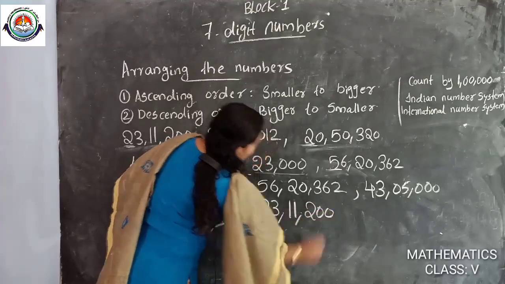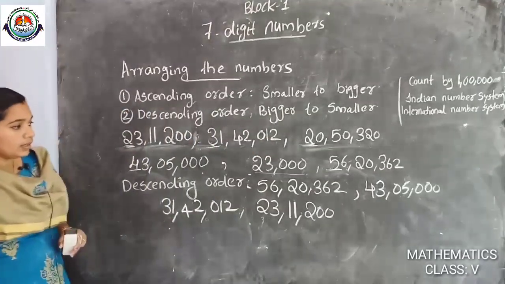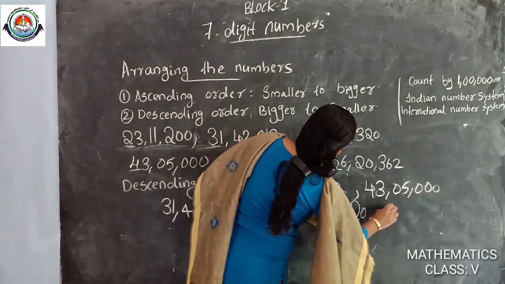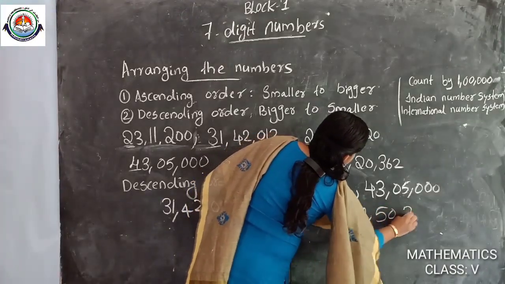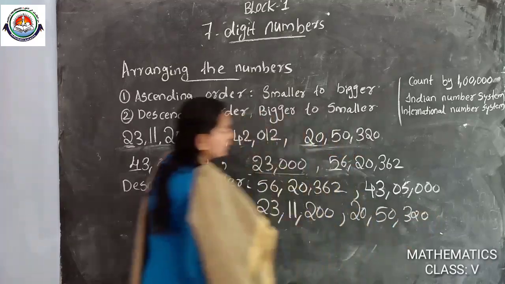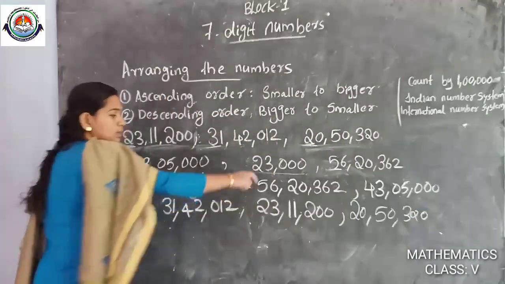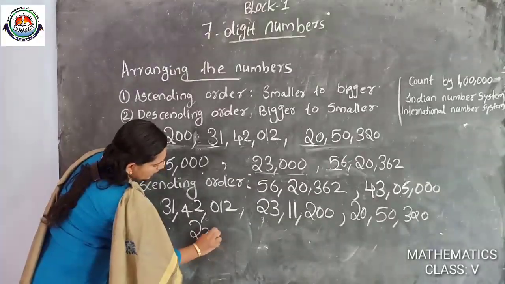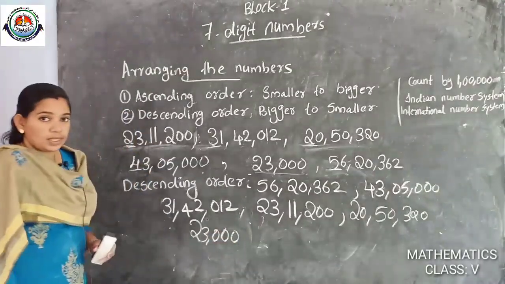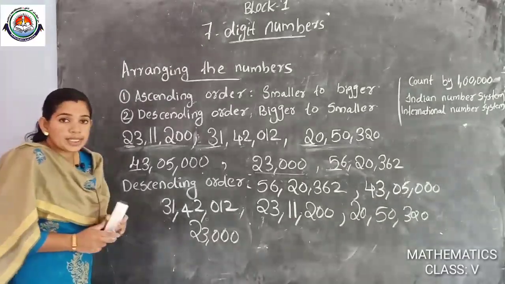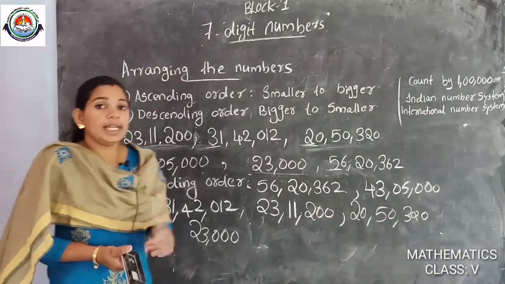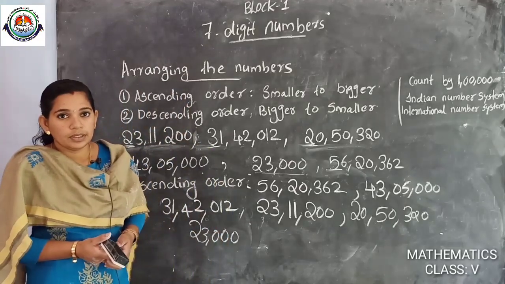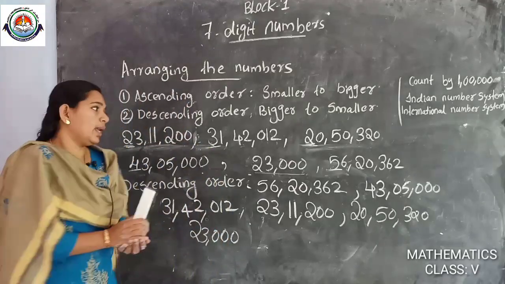The next is 20 lakh 50,320. Then the smallest number here is 23,000. So now you understand how to write descending order in the given numbers. Want to do one more problem? Okay.